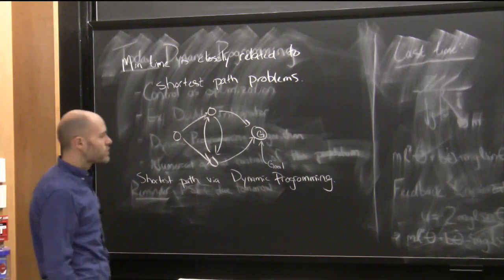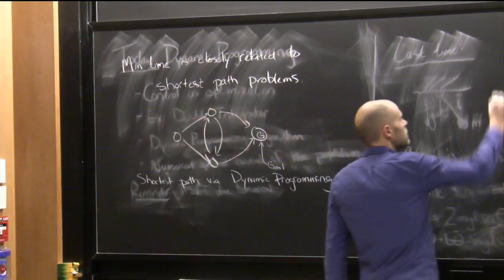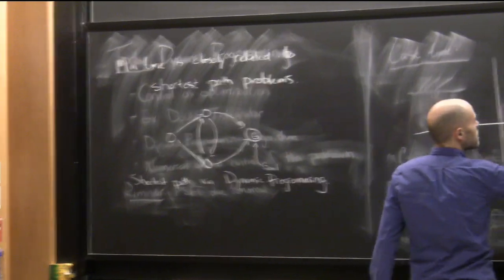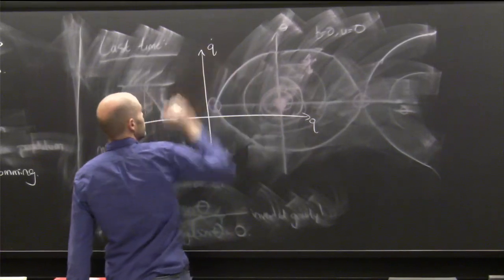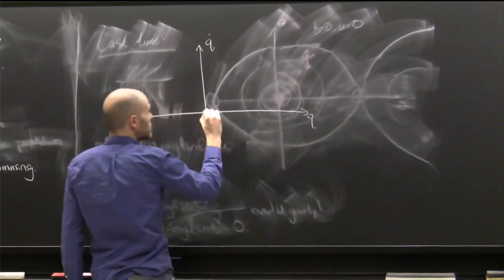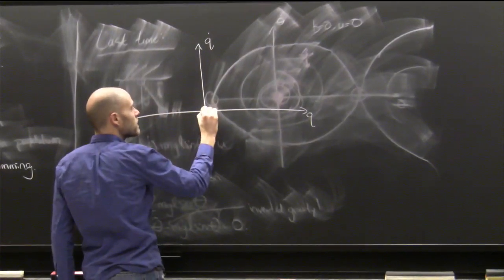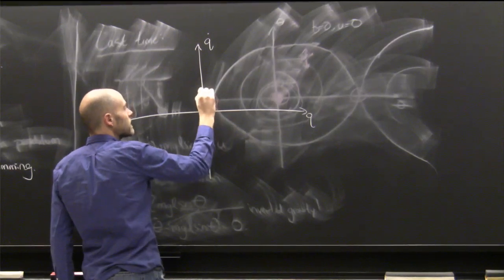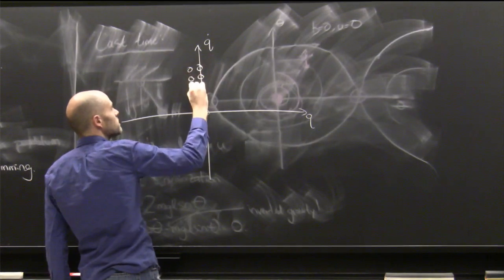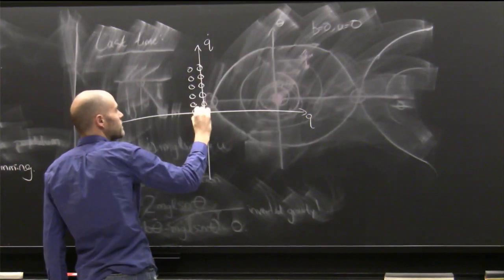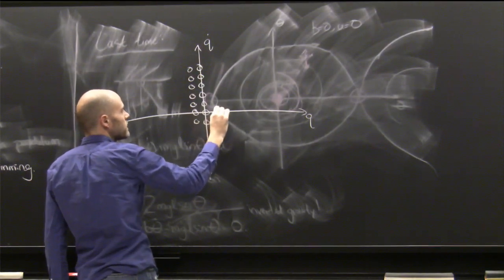Okay, so the picture I want you to have to apply this to the double integrator is that on the phase portrait, we're going to approximate the dynamics of the double integrator by loading up a graph on top of the state space, right?